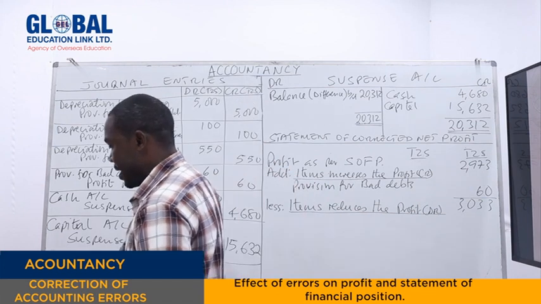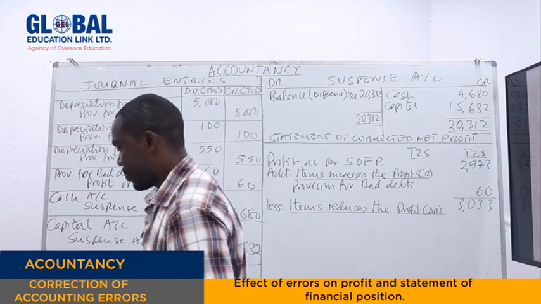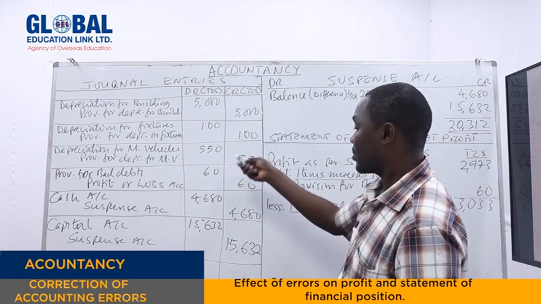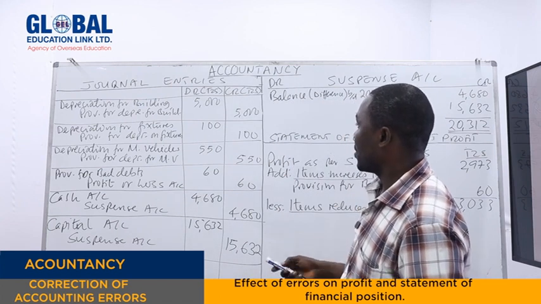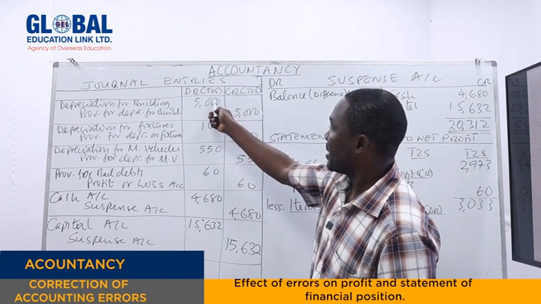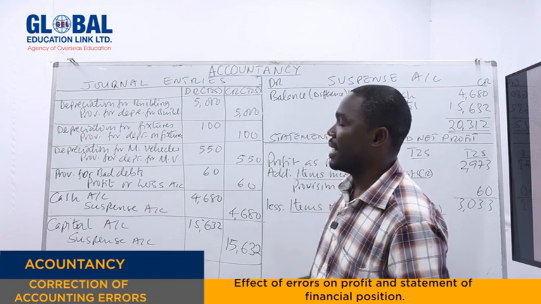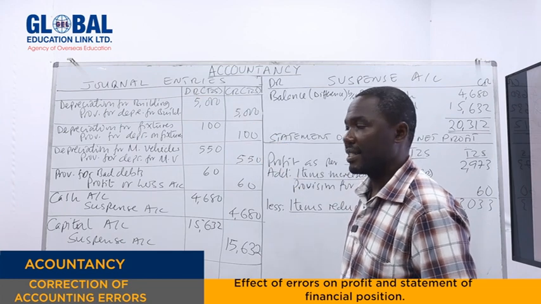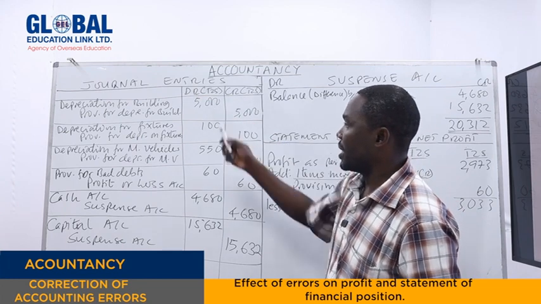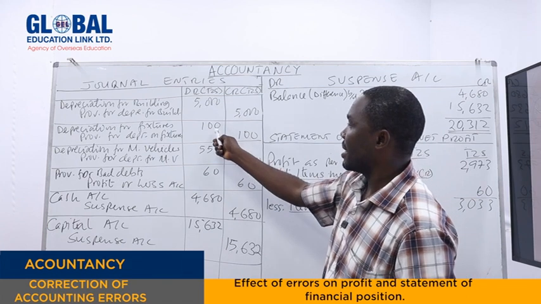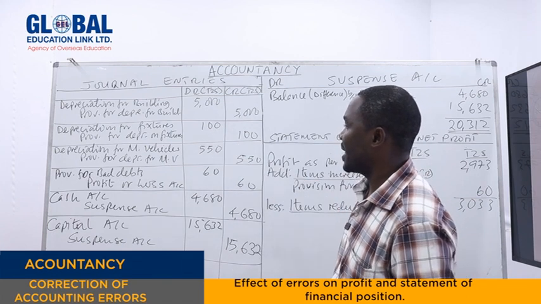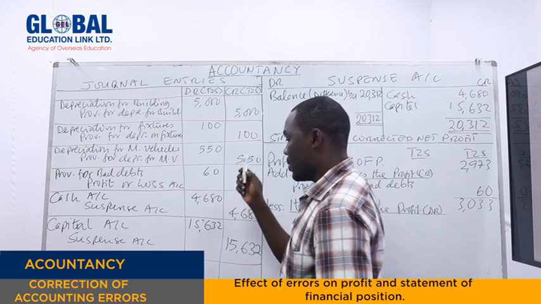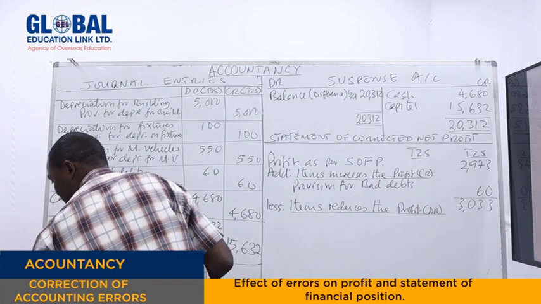If we go to our journal, we have this depreciation for building. Depreciation is an expense, so we have to take it, the same as depreciation for fixtures, depreciation for motor vehicle. So we take all those items.